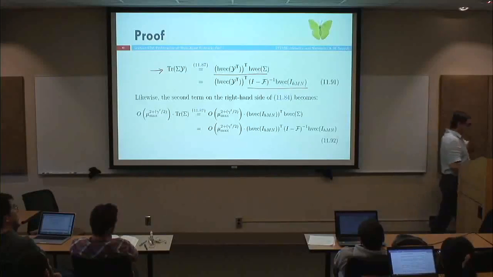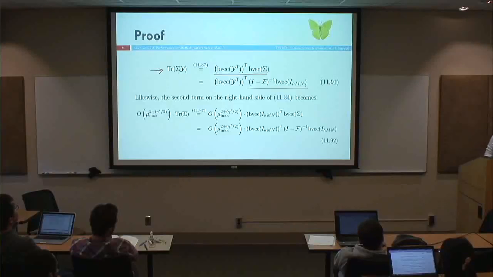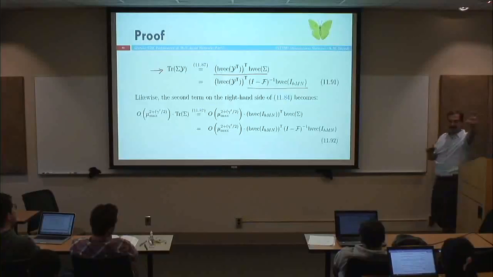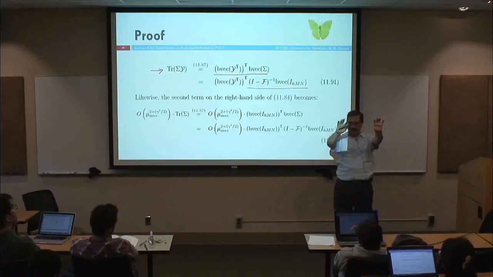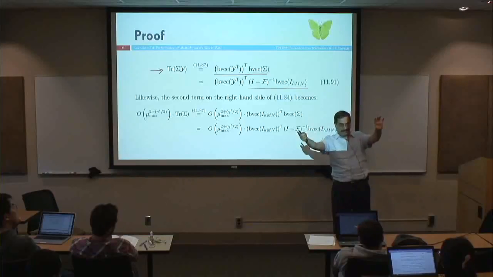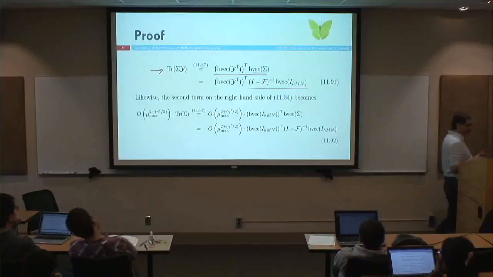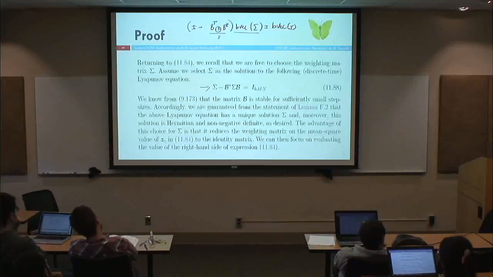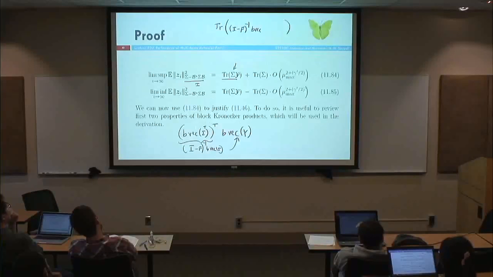Now, what's left? I showed you that the mean squared error is the trace of this x plus something, right? All I did so far is show you that this is of the form trace of that x.